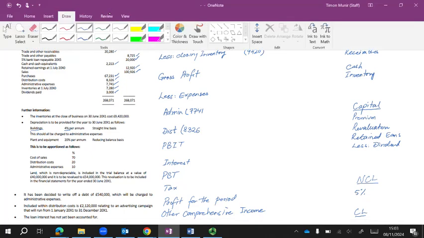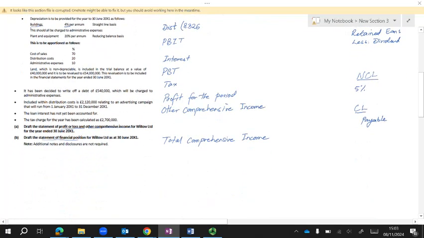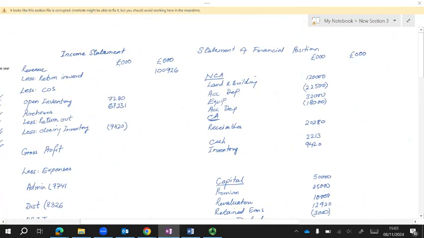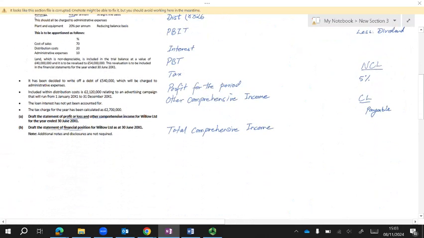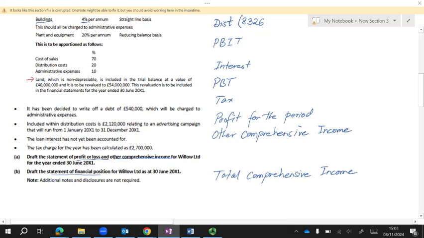Now I'm going to use the red color so that you can see all my adjustments. So the cost of building we need to find out. If you look into your non-current assets, the value of 120,000 is the total of land and building. Remember, land is not depreciated, so we need to find the value of building. And over here it says land is non-depreciable, is included in the trial balance at the value of 40 million.